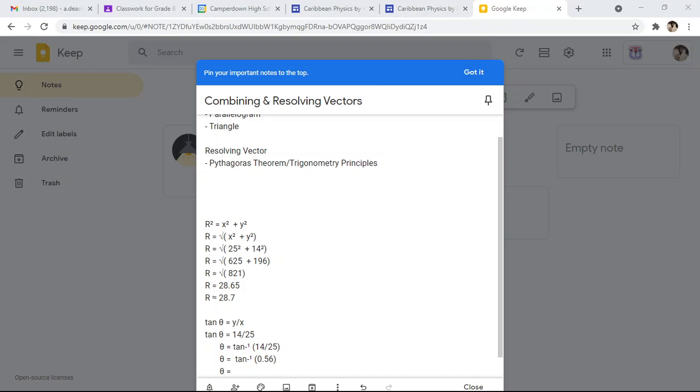Tan inverse of 0.56 gives me 29.248, so let's go with 29.249 degrees.